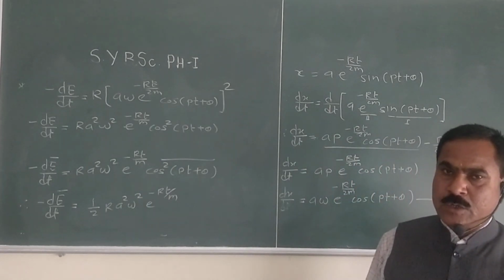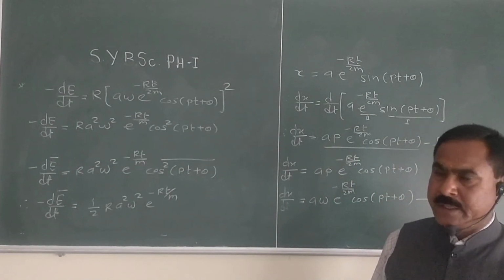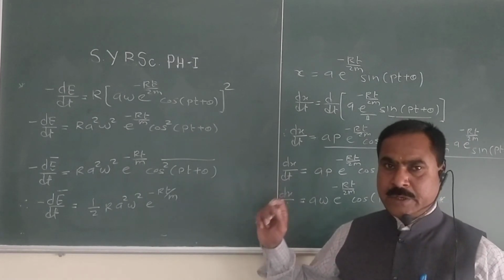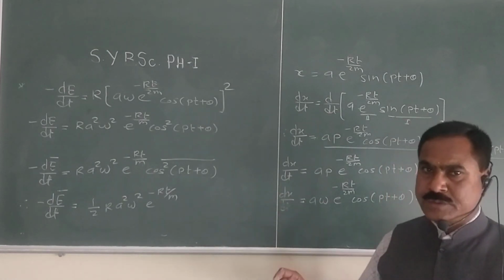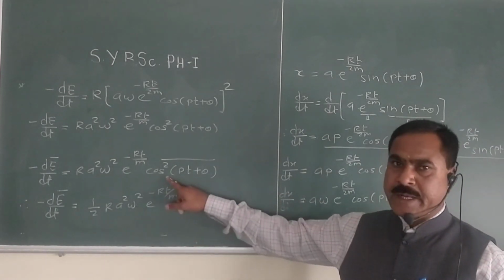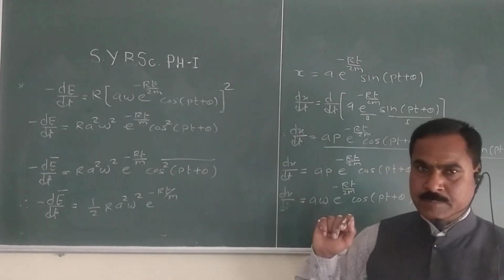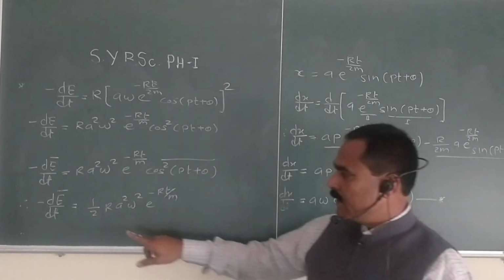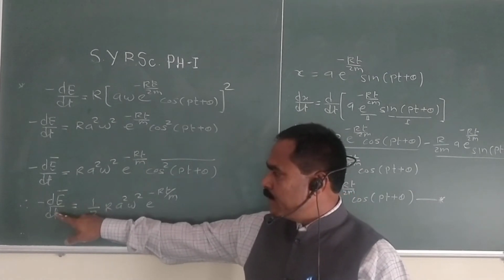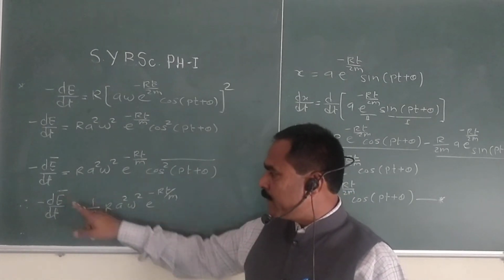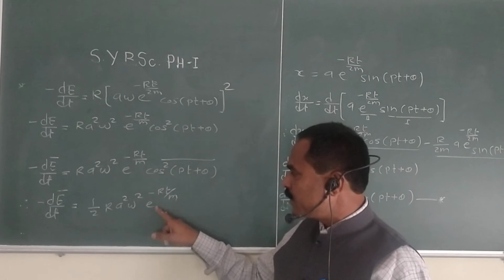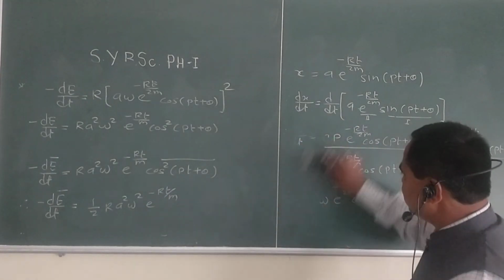That means here total energy is dissipated in overcoming the resistive force or damping force, due to the factor e raised to minus rt upon m. Now we have minus d dt of E bar equal to half r a square omega square e raised to minus rt upon m.